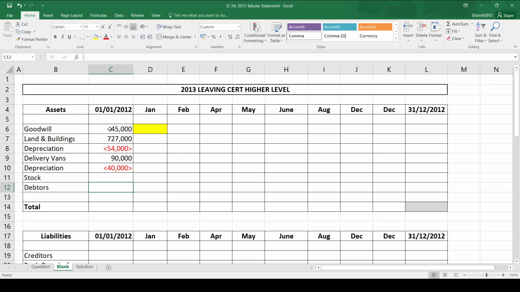For stock, again, we're just getting this from the balance sheet, is 91,600. And debtors are 55,800, and there's no bad debt provision in this question. So if we total these, it comes to 915,400.